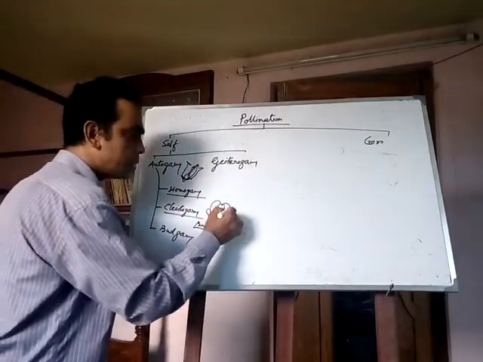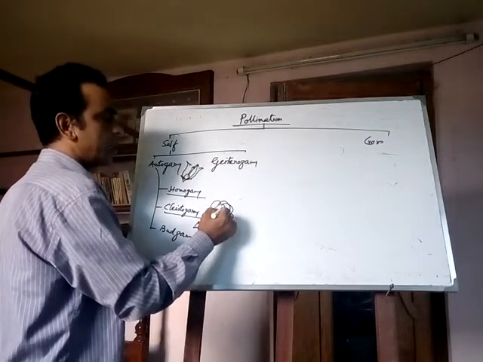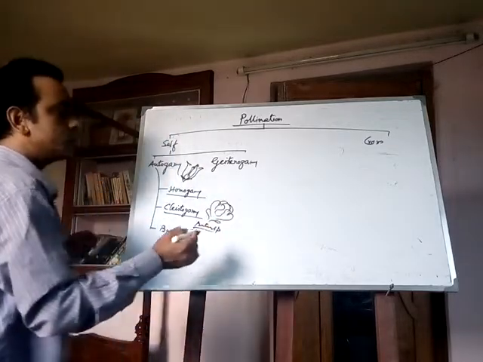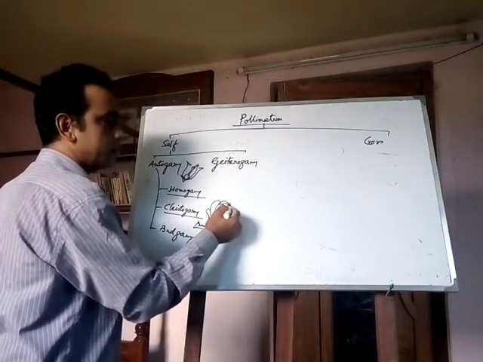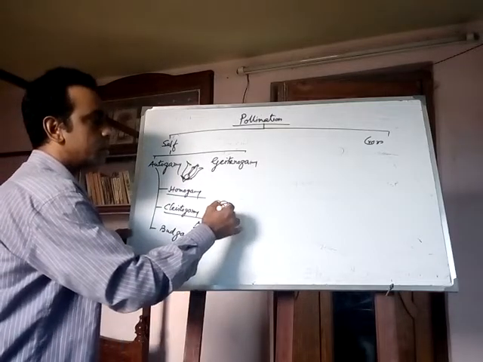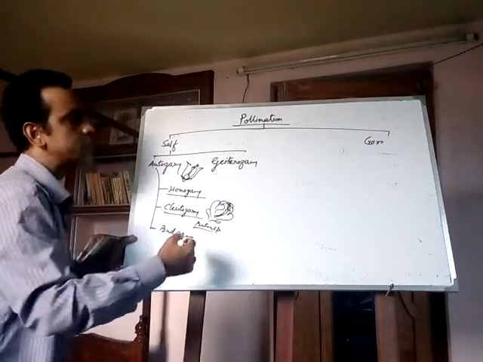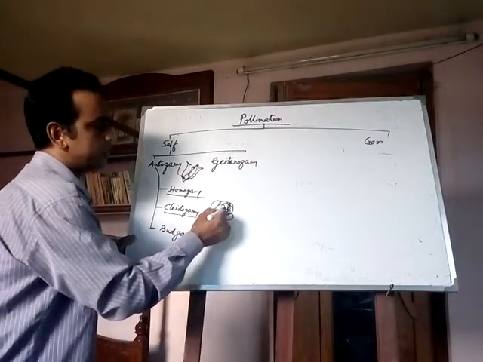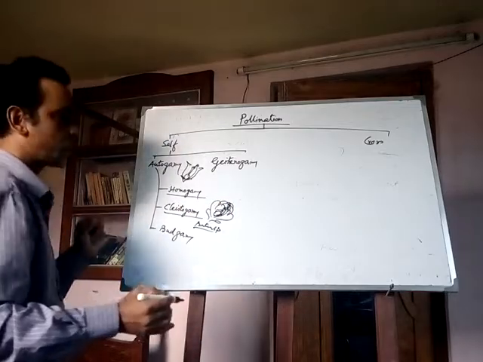So it is contracted in its own body, and the pollen of this flower cannot spread out, so it automatically falls onto the stigma of the same flower. So it is called cleistogamy.